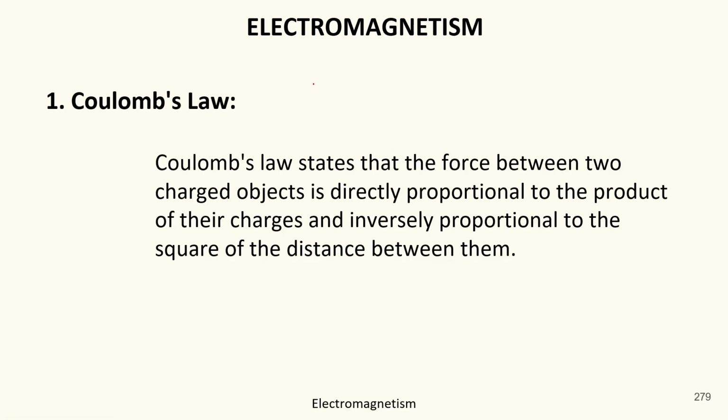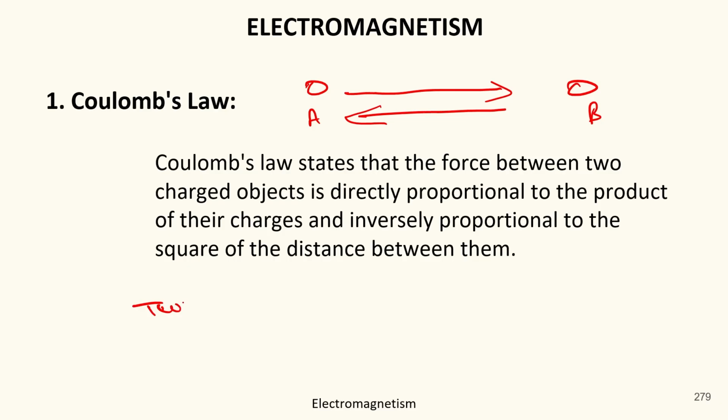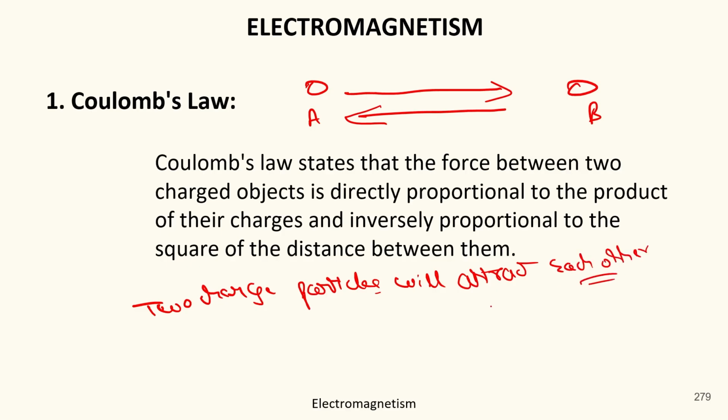Basically, if there are two charged objects, A and B, the force of attraction between them simply means that two charged particles will attract each other. So we have to discuss this property.